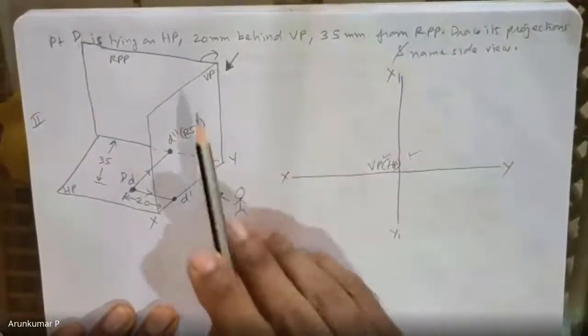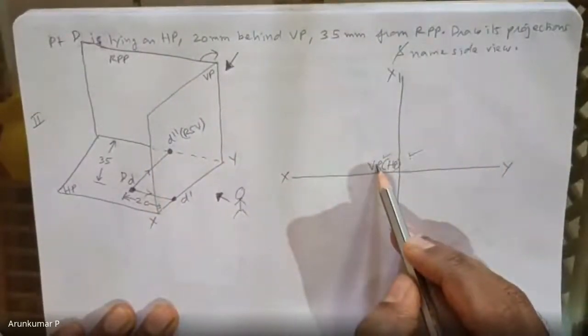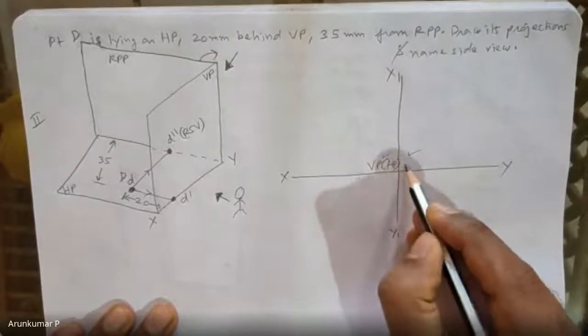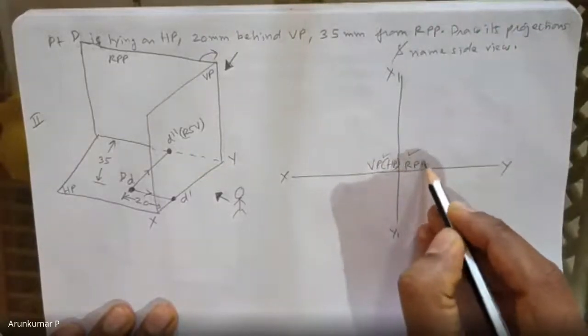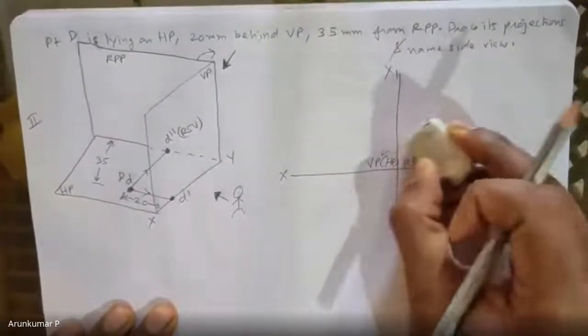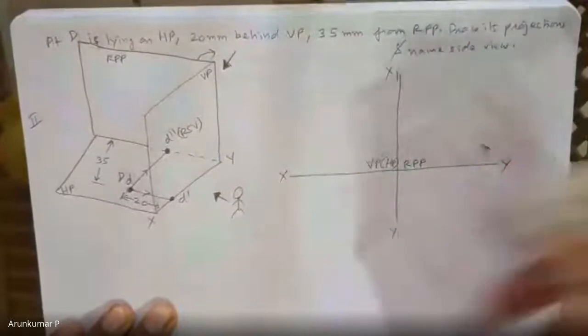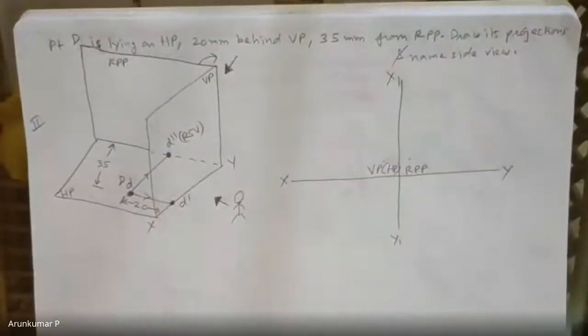Obviously, since we are dealing with the right profile plane, it will come beside VP on the right side. So this is RPP. This is the arrangement of planes: VP, HP, RPP.